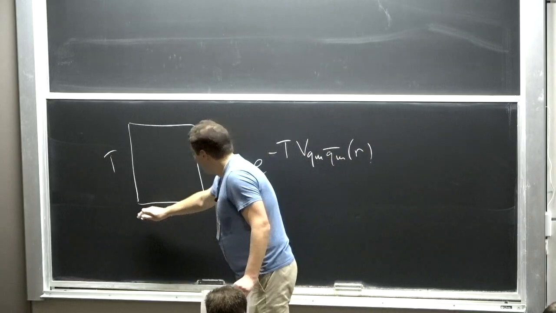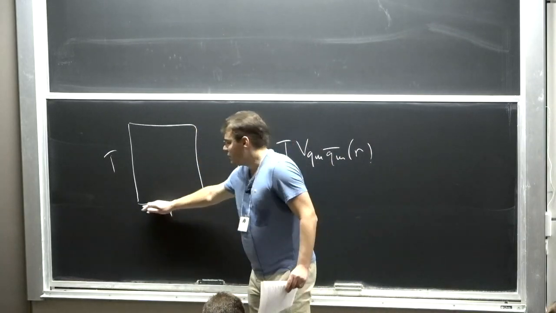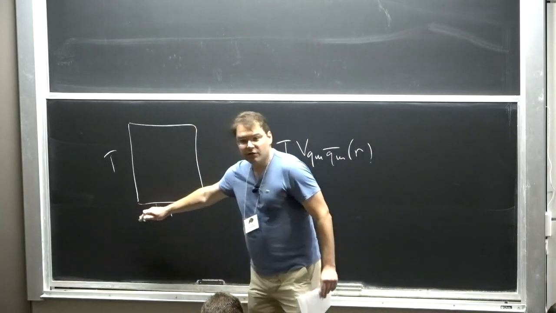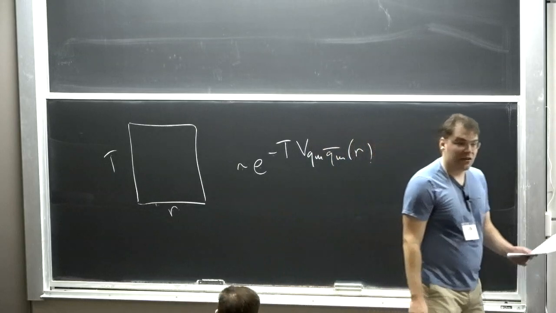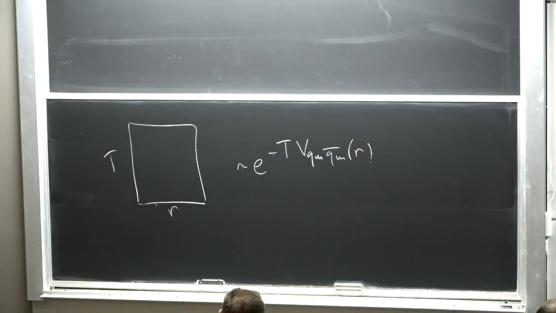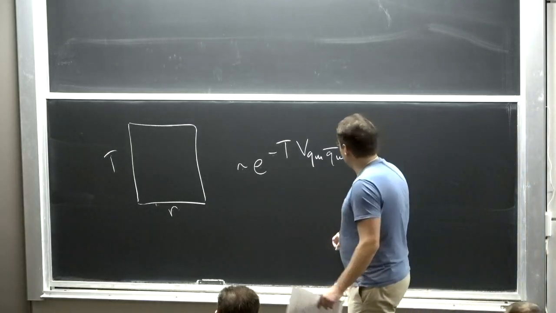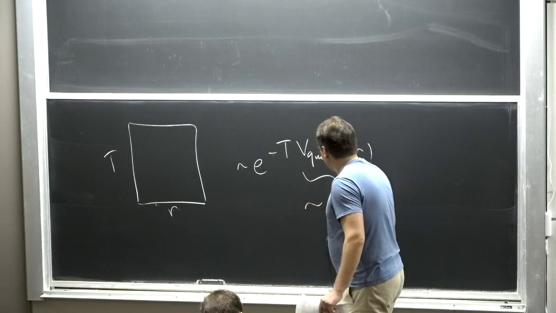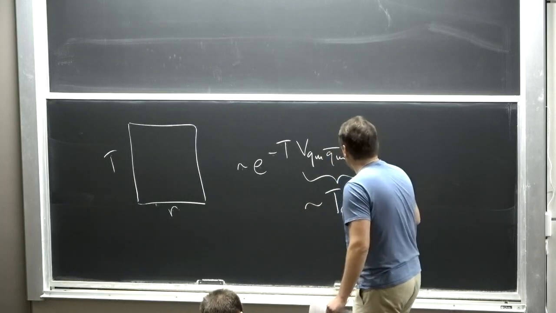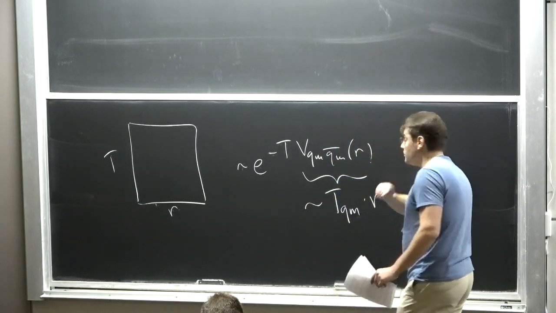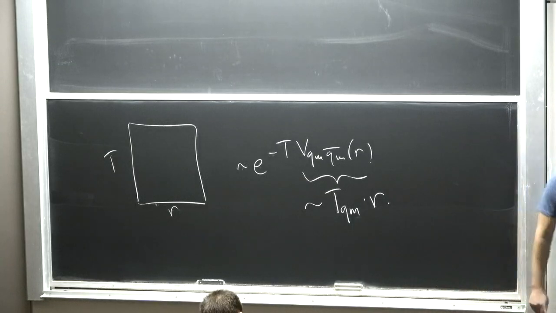Then when you act with the 't Hooft line on the vacuum here, this operator creates an ANO string of length L, or length r. And because the string has finite tension, the energy of this string is the tension, which depends on Q_m in general, times r. So this is a famous formula.